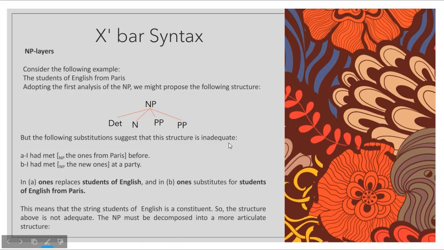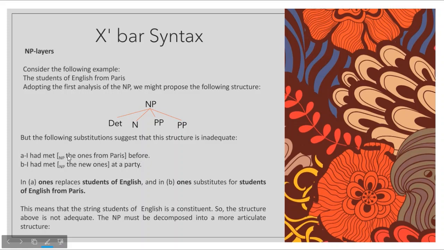and we will see that this structure does not show what the constituency test shows us. I had met the ones from Paris before. I had met the new ones at a party. In A, "ones" replaces "student of English". We can say I had met the student of English from Paris before.